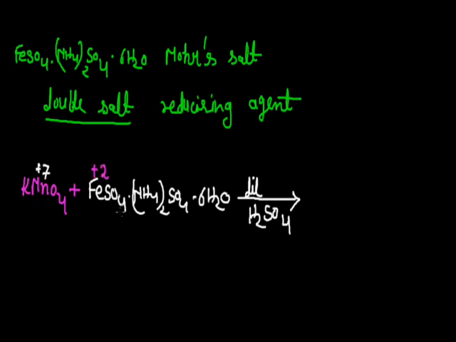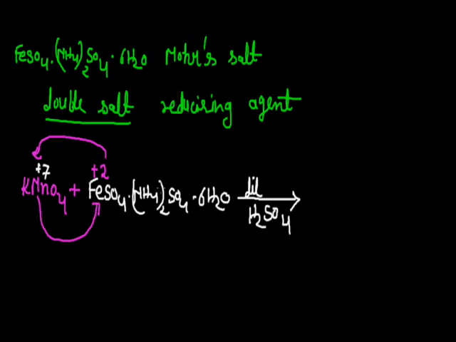When KMnO4 and ferrous ammonium sulfate react with each other in the acidic medium, KMnO4, a very good oxidizing agent, oxidizes the ferrous ammonium sulfate, that is Fe+2 into Fe+3, and at that time the ferrous ammonium sulfate reduces manganese +7 to +2. So here the Fe reduces the manganese and manganese oxidizes the iron.